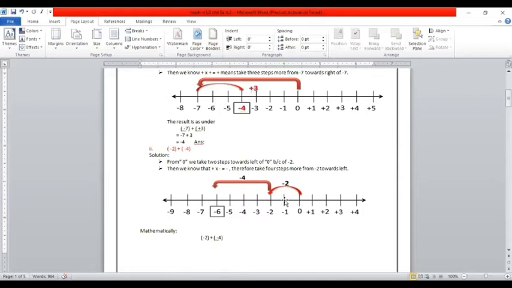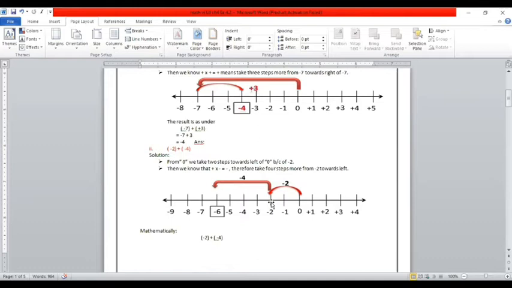I take 2 steps, 1 step, second step, that is at minus 2. Dear student, here I reached at minus 2 and I have to add minus 4 in minus 2.